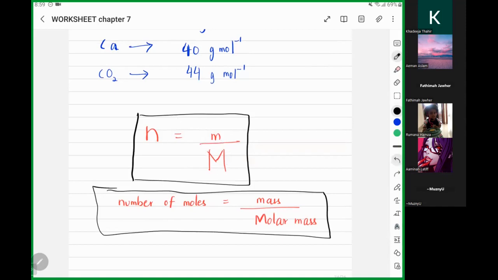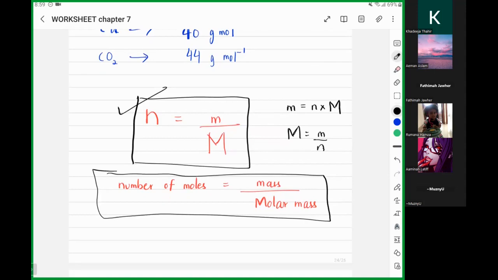If you know n and simple m, you can find capital M. Obviously, in maths, simple m will be n times capital M, and capital M will be m divided by n. That's obvious, maths subjecting. But what you need to remember is this equation: n equals m over M. Number of moles equals mass divided by molar mass.